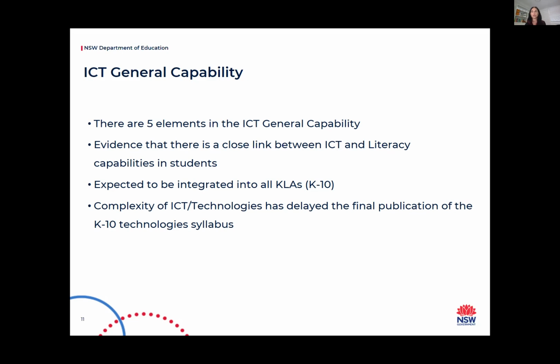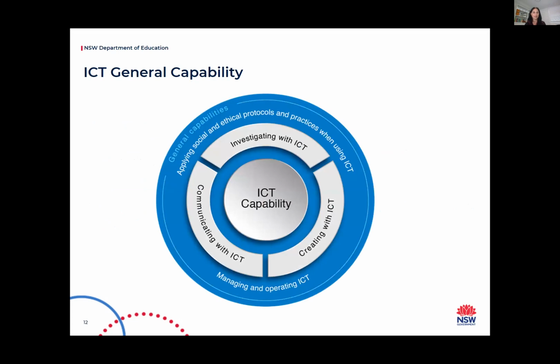And you know, the fact that it is so complex and that technology is changing so much, and particularly now with COVID, we've got so many more tools at our disposal, but that we probably never had even a year ago. The new technology syllabus has been pushed back yet again, because we're just not comfortable with the fact of releasing it, because we just think that there is just a lot more information that we could be including. So in terms of ICT, in terms of the capability, the 5 areas.